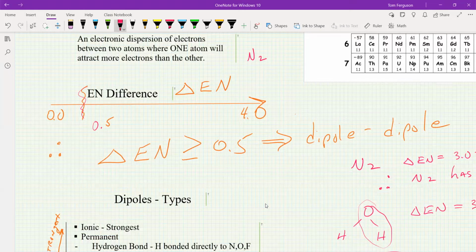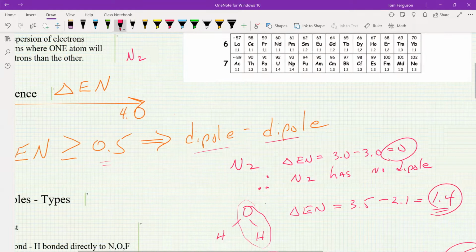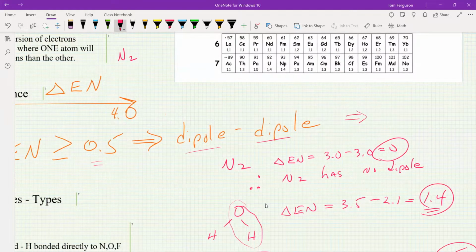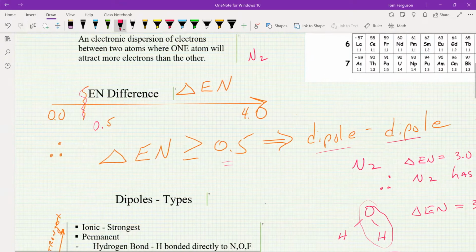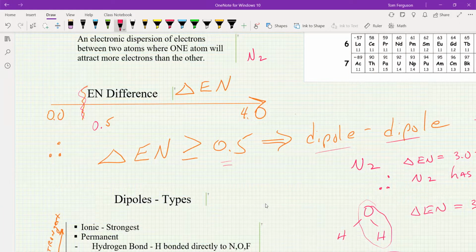We're declaring that anything over 0.5 is considered a strong enough dipole to be polar. The farther you get away from 0.5, the more polar it becomes. The closer you get to 0, the less polar it becomes.